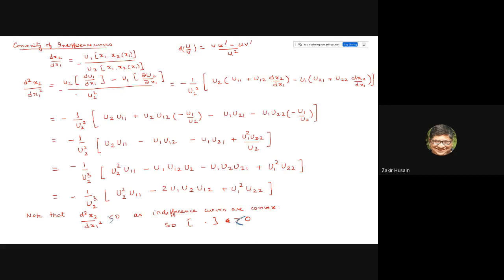Okay. So the problem that we had started in the last class was that the Marshallian assumption that the law of diminishing marginal utility holds for all the commodities except for money was replaced by the assumption of diminishing MRS. That is, the MRS, which is the slope, will decrease as we increase consumption of X1.